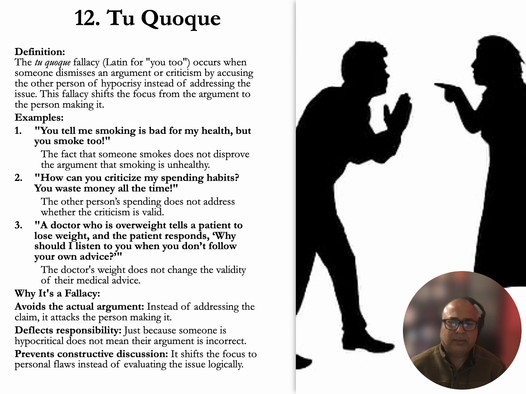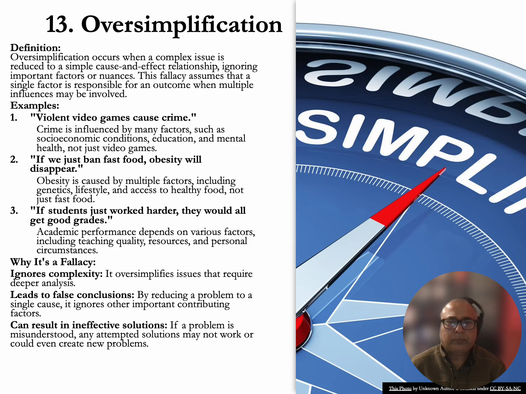That's a very wrong type of justification or rationale. You tell me smoking is bad for my health, but you smoke too. People do this very often. When you criticize someone, they will attack you, right? They will say, you too. How come you tell me that, hypocritical of you? All right, read why it's a fallacy and consider the examples.